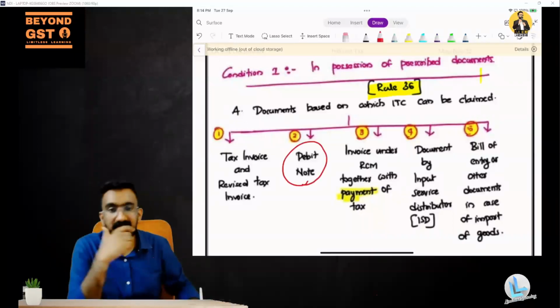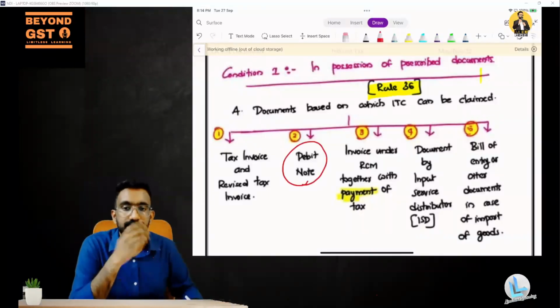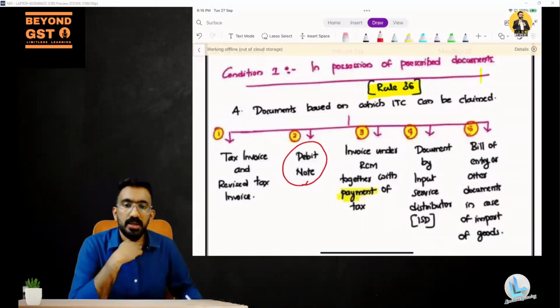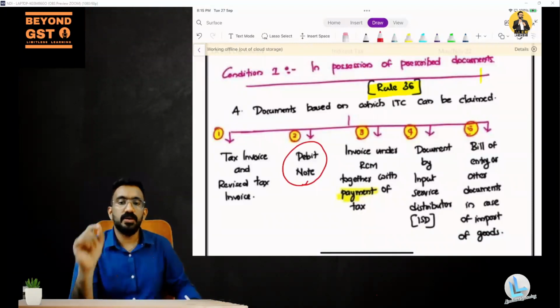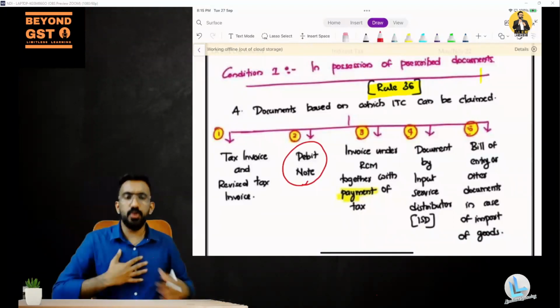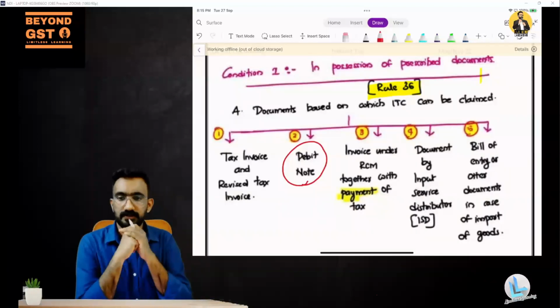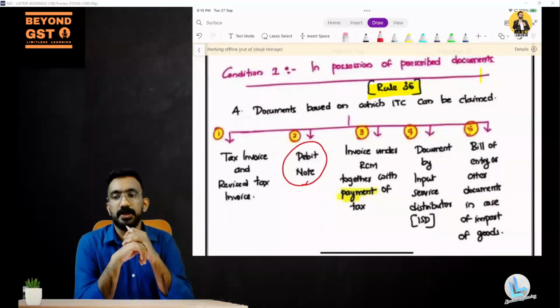When will someone issue a debit note? Have you heard of this document called debit note? Okay, so what is the first condition for going with a debit note? Who will issue a debit note, supplier or recipient?